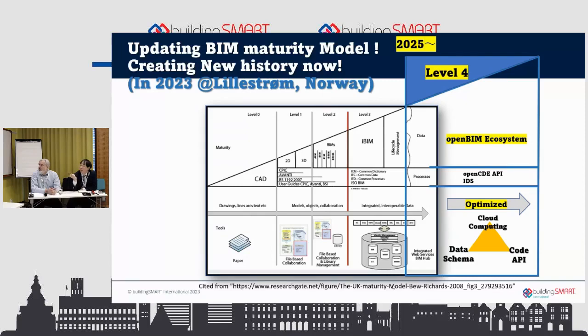One is data schema, and the second one is API and code. And the last thing I want to emphasize today is cloud computing. So all those three, the triangle, will be optimized someday after 2025. And then you can go into level 4 BIM.